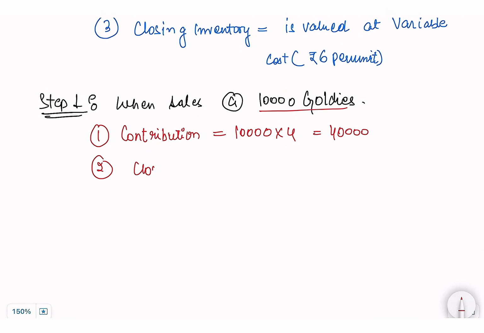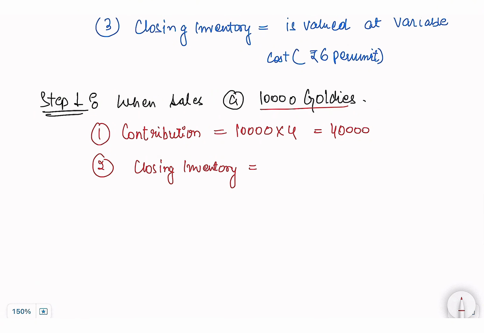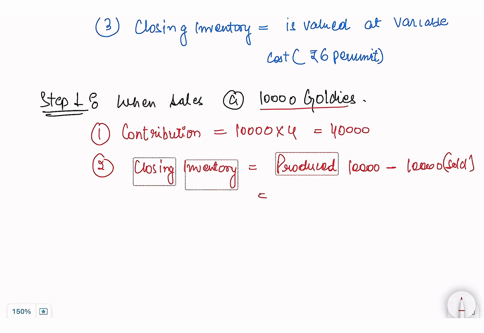Okay. Now second, closing inventory. Closing inventory is how much produced minus what is sold. 10,000 minus 10,000, times 6 is equal to 60,000.